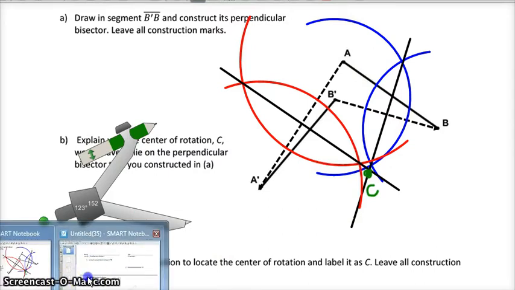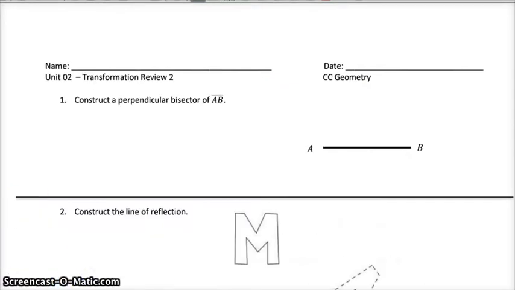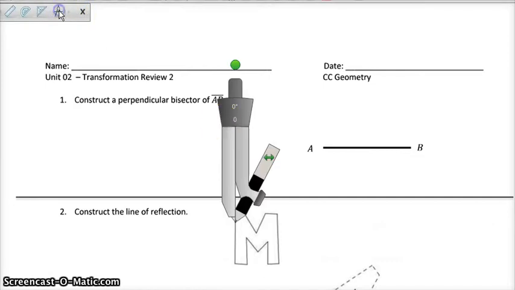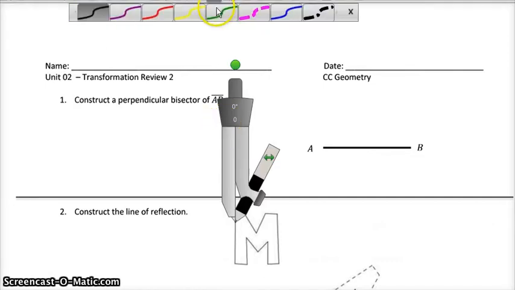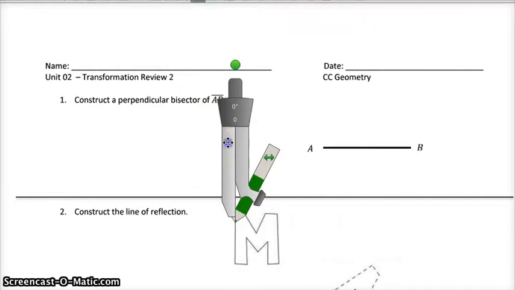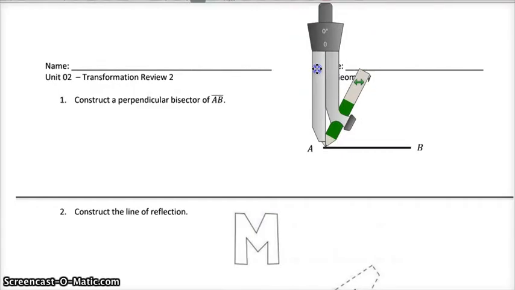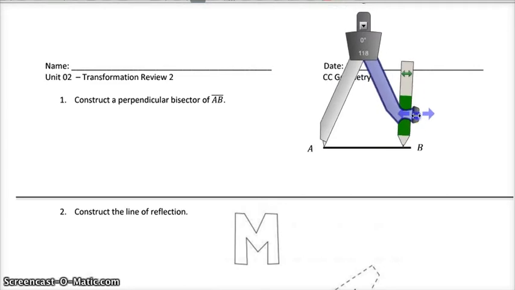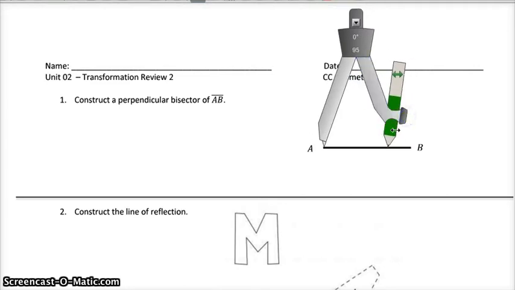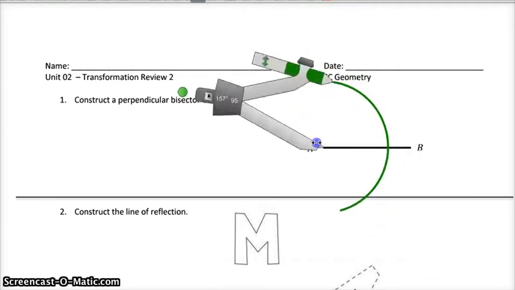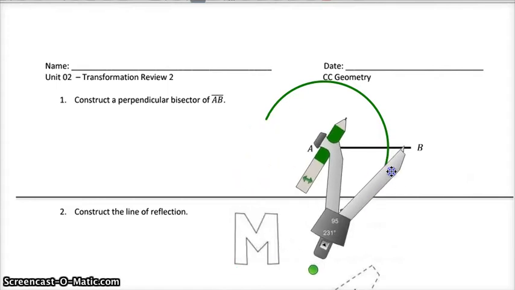Just kind of switching gears to our second review sheet. Remember, the perpendicular bisector is probably the most important construction you know for our quest. Anytime you construct a perpendicular bisector, we start at either endpoint, go more than halfway, whether it's the full length, shorter or longer, as long as you have an arc that extends above and below your line segment.